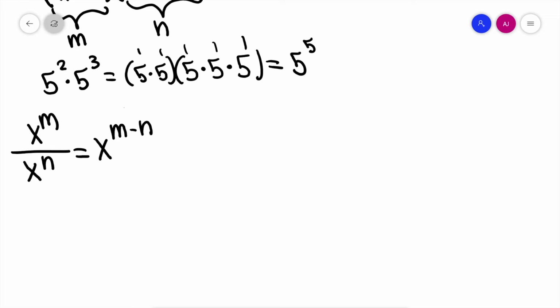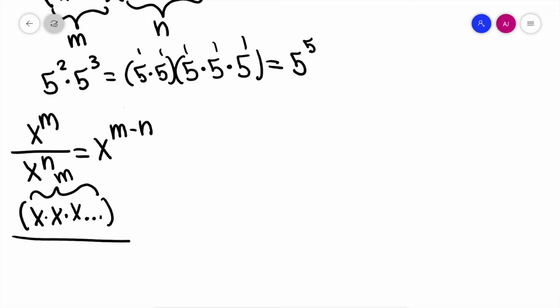And to kind of understand what's going on here, right? You have x to the m, which is just x written m number of times, and then in the denominator you have x written n number of times, right?